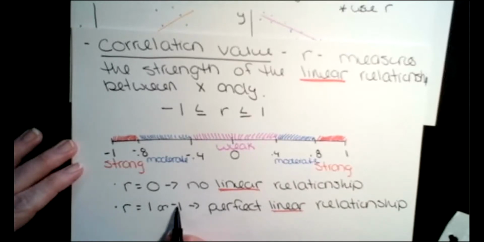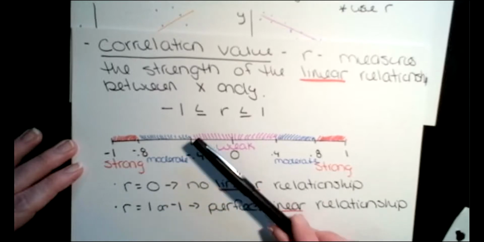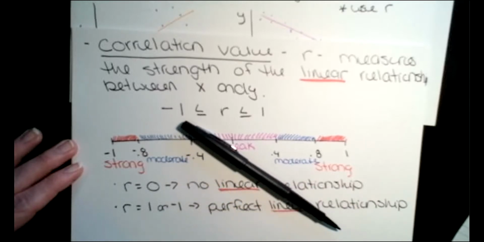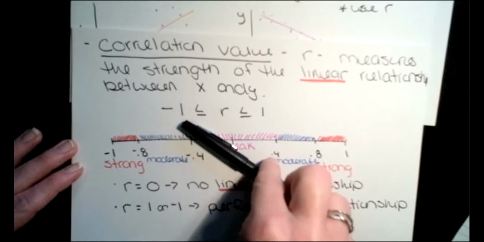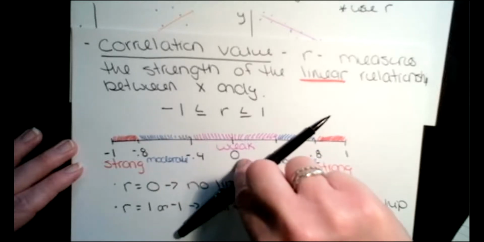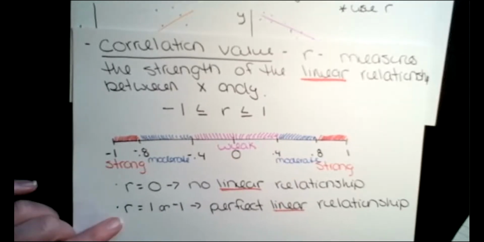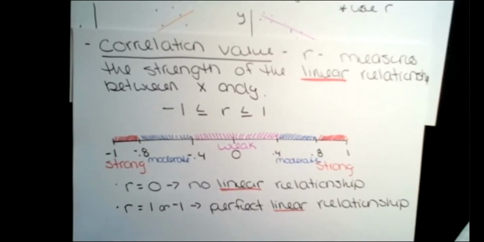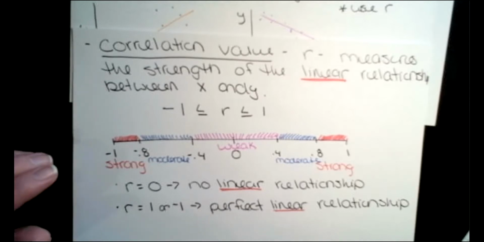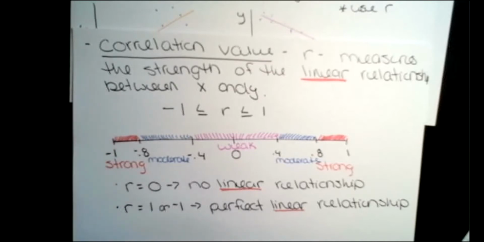Remember, -1 would mean that the slope of my line is in the negative direction, or +1 would indicate that the slope of my line is in a positive direction. So there's the direction piece for the R, okay? I want you to know also in the type notes on page 4, you can find more information about our correlation value, and you can see this scale there as well. Okay.